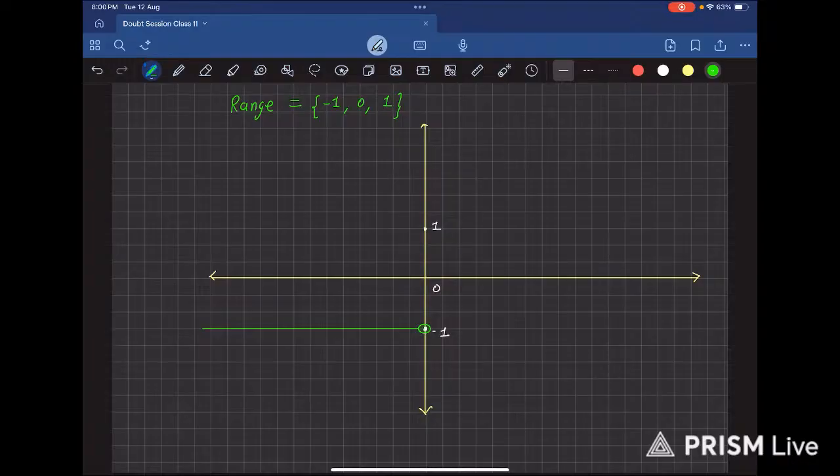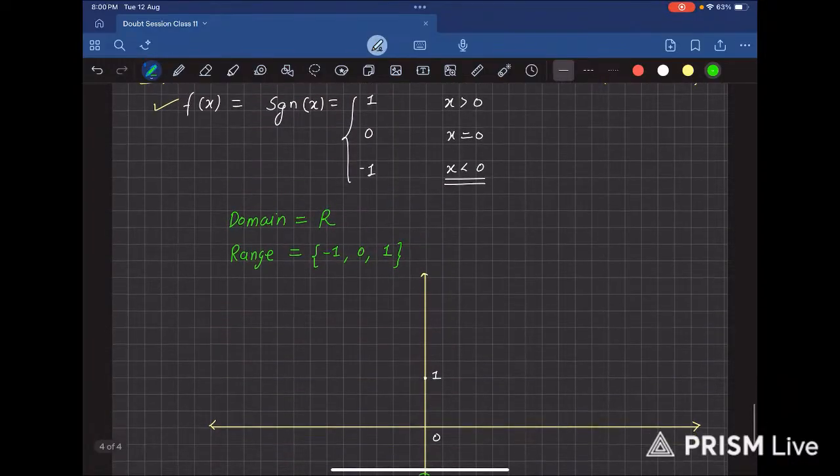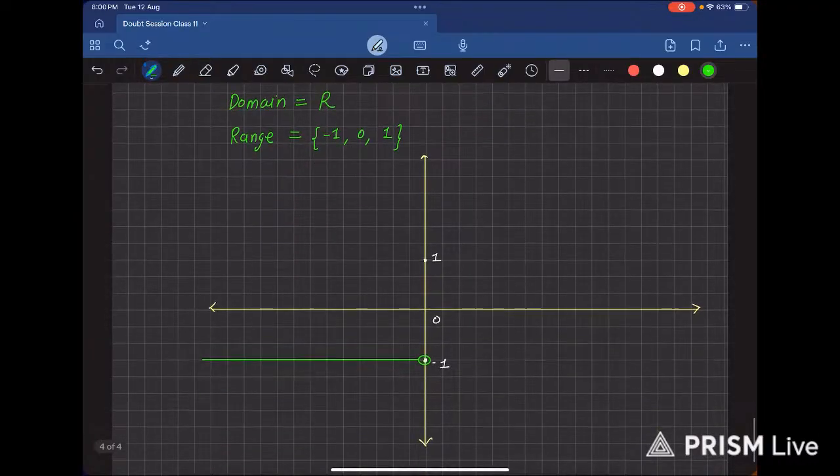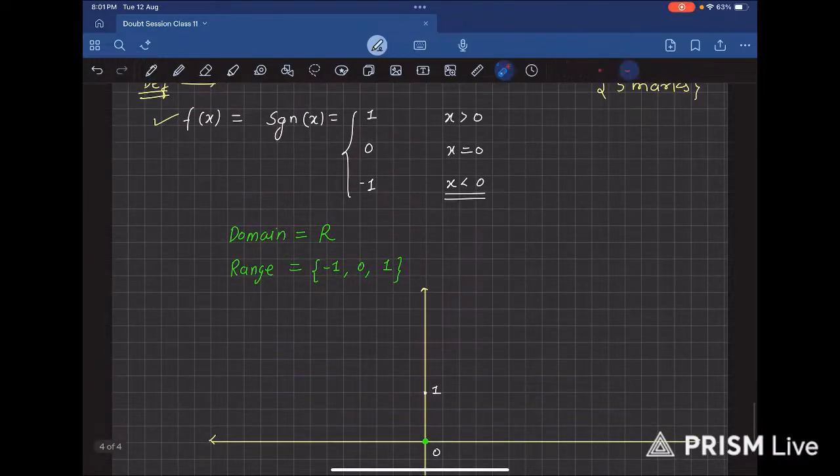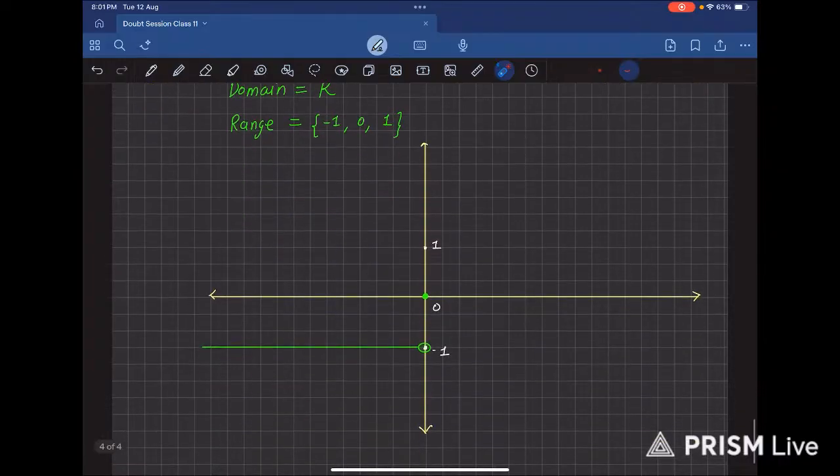The answer for x equal to 0 is 0. So I'll mark 0 here. And then for positive inputs, the answer is 1. So I'll make one more line for 1, for positive input, but not including this value.